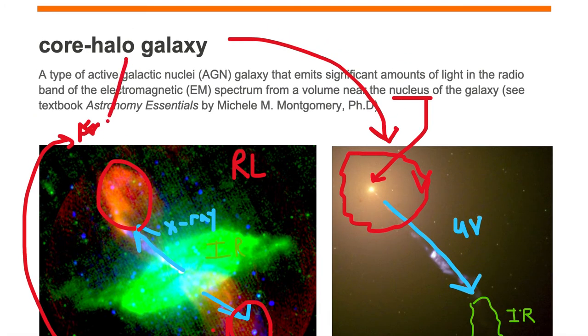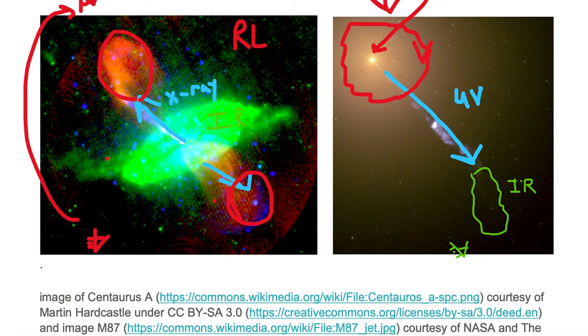It just may be the orientation of the observer that gets us the name core halo as opposed to radio lobe.